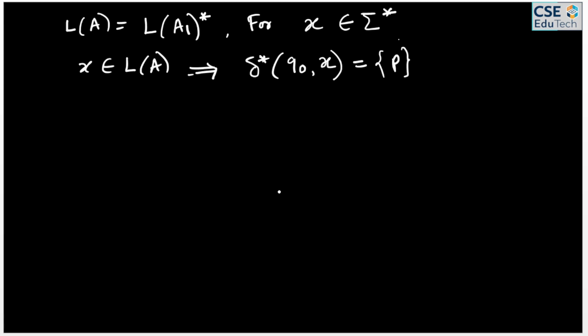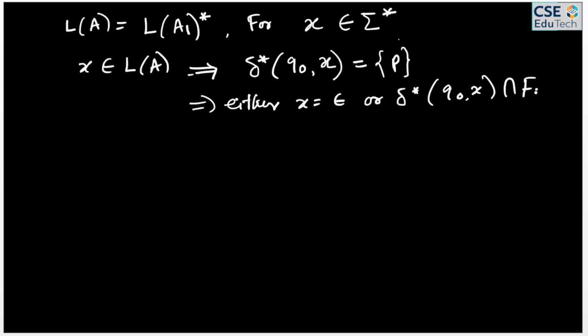Now in this scenario, this x may be epsilon or it may be a string. So this implies that either x is equal to epsilon, or delta star of q naught x intersection F1 should not be null, where F1 is the accepting state set of the automaton A1.